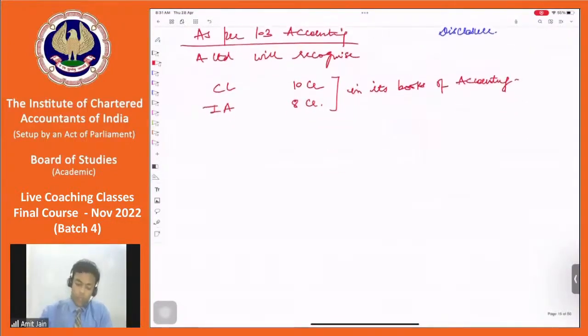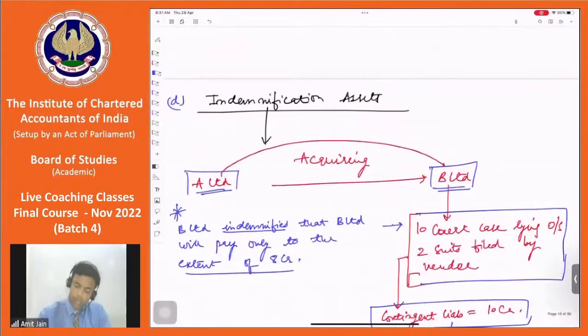Correct? So indemnification assets. So what is the principle? Indemnification assets, let me write IA. Correct?